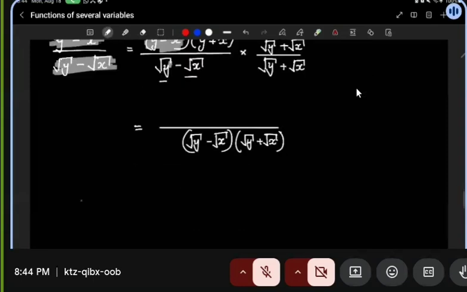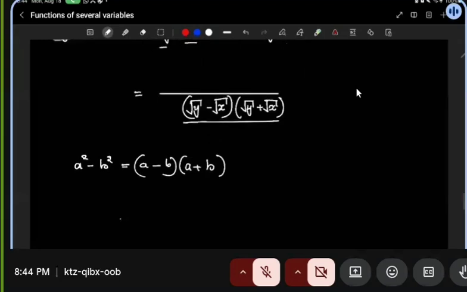By the same concept I mentioned earlier, a squared minus b squared is the same as a minus b multiplying a plus b. It implies that we can just look at it as the first term squared minus the second term squared. I'm just focusing on the denominator for now. The first term is root y, so it will be root y squared minus the second term squared. The second term is root x.